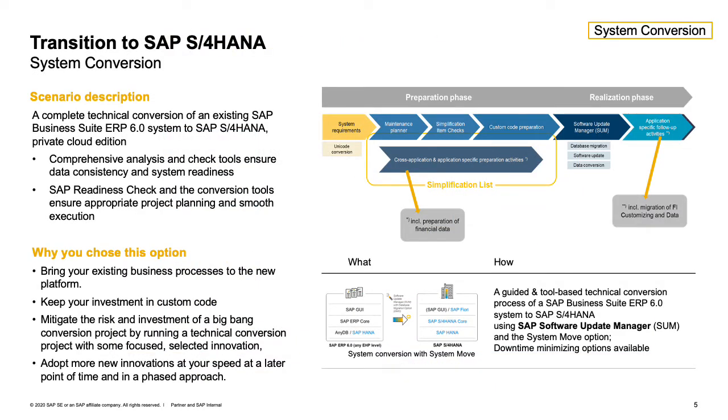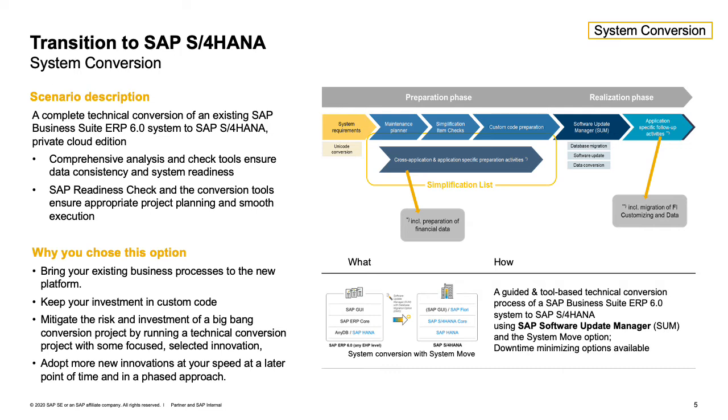We will now have a look into the details of these options by starting from the system conversion. This transition scenario offers a complete conversion of SAP ERP systems into S4HANA, and it is complemented by tools, guides, and support coming from SAP.